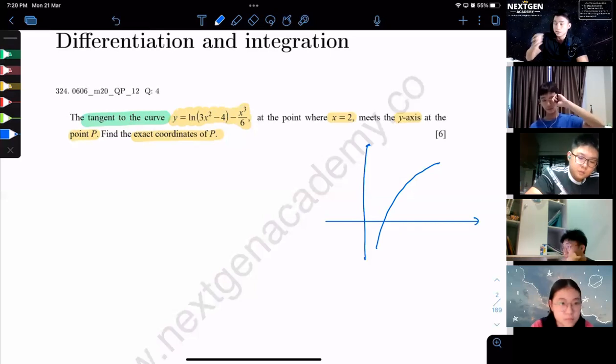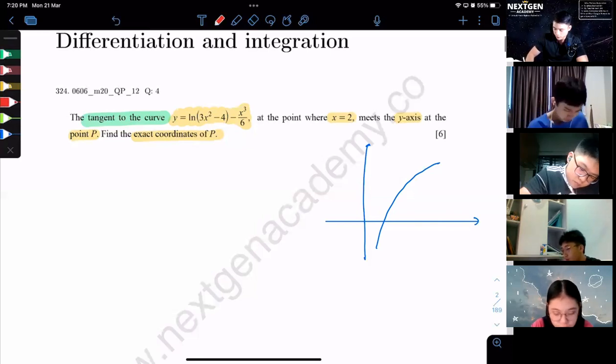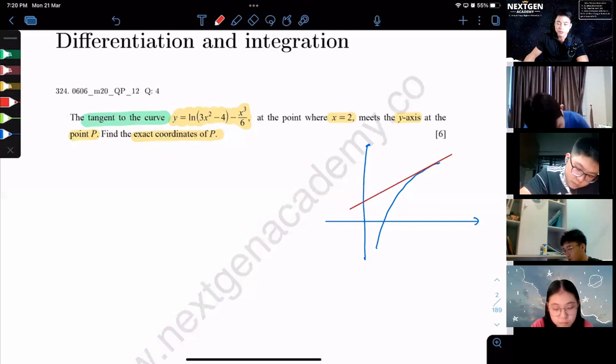Maybe the tangent is something like this. Let's just sketch it. At the point P, at the y-axis, this is point P.